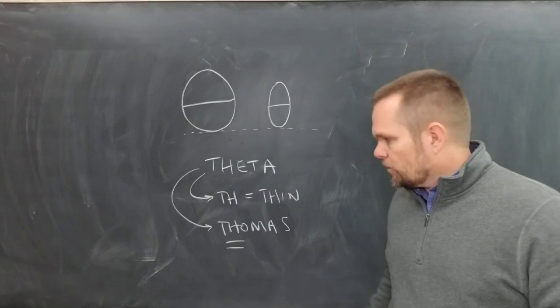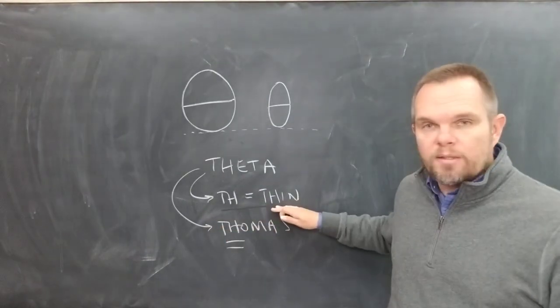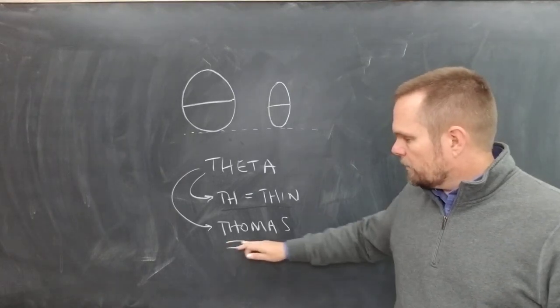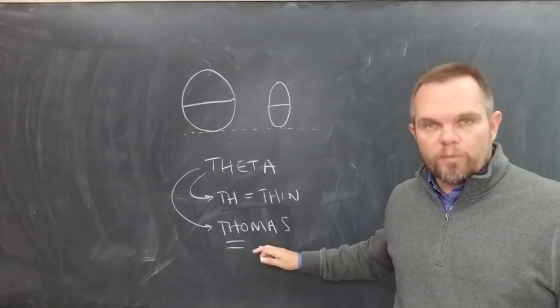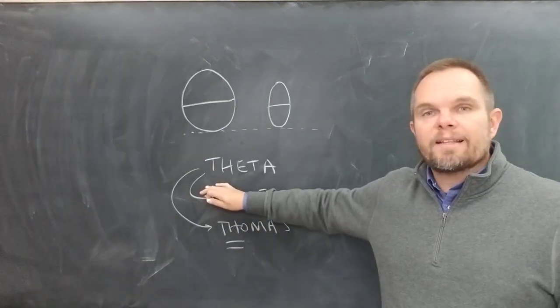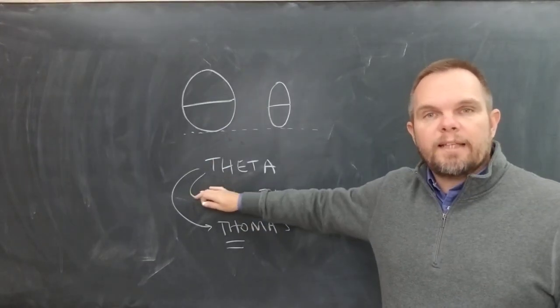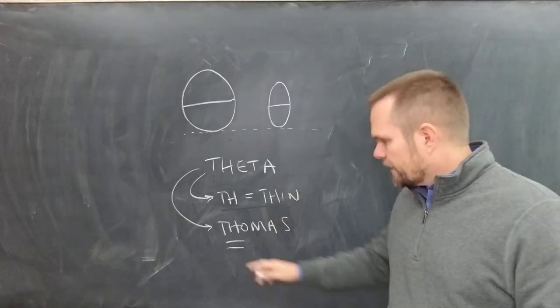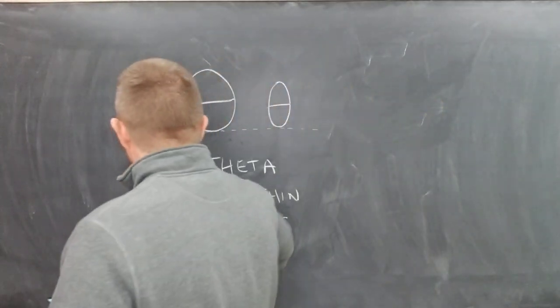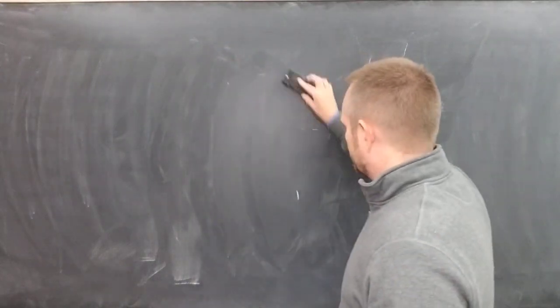So it's okay to use this, like everyone does in Greek classes, but make sure you understand that the real classical sound of this letter was theta, okay? Like Thomas. So that's the Greek letter theta, another consonant.